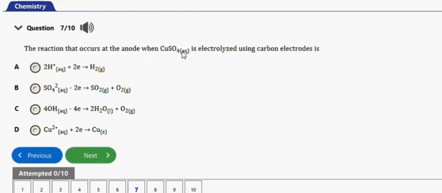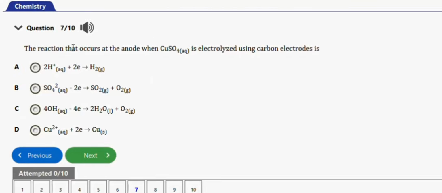It says the reaction that occurs at the anode when copper 2 tetraoxosulfate 6 is electrolyzed using carbon electrode is, okay, so looking at the reaction that occurs at the anode, remember oxidation takes place at the anode and anions migrate to the anode, whereas cations migrate to the cathode.